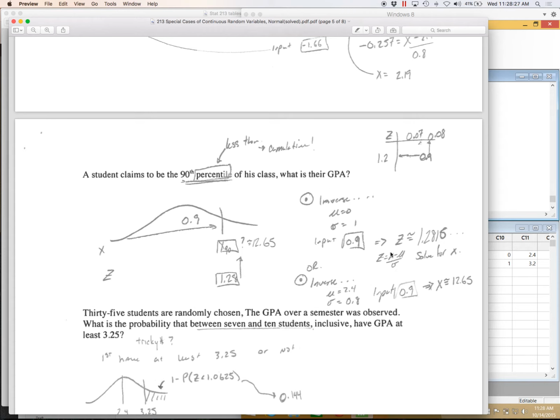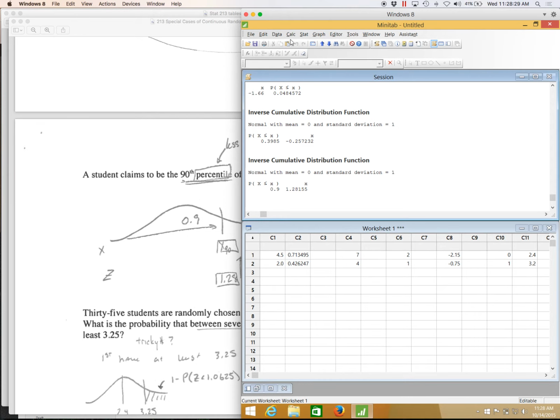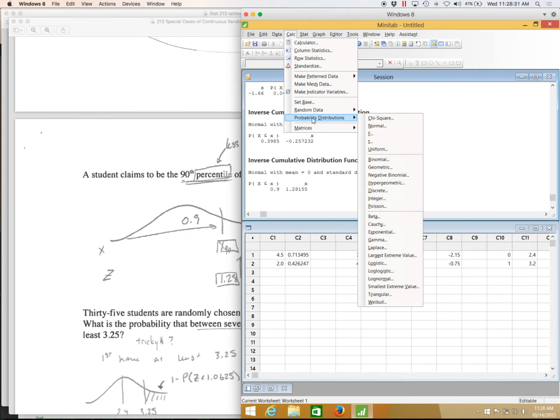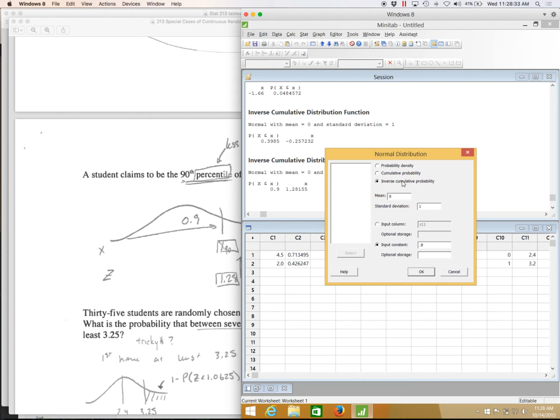The other way that you can do this, if you know Minitab, and you have to be very careful, lots of students mess this up. If I don't want it in terms of the Z scale, if I want it in terms of the X scale, I'll change the fact that the X scale's mean is not actually 0, it is actually 2.4. That is what I expect. That is the average. What is the standard deviation? In terms of GPA, it is not 1, it was 0.8.